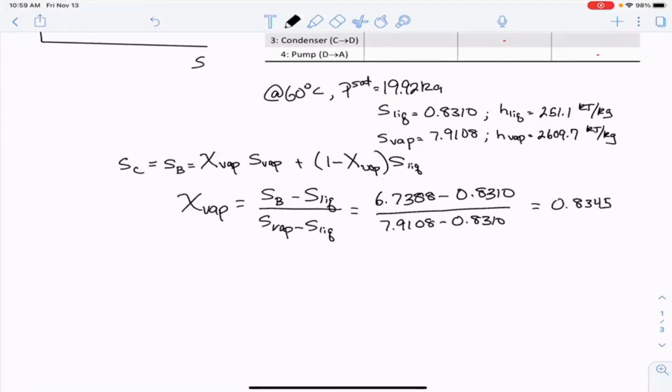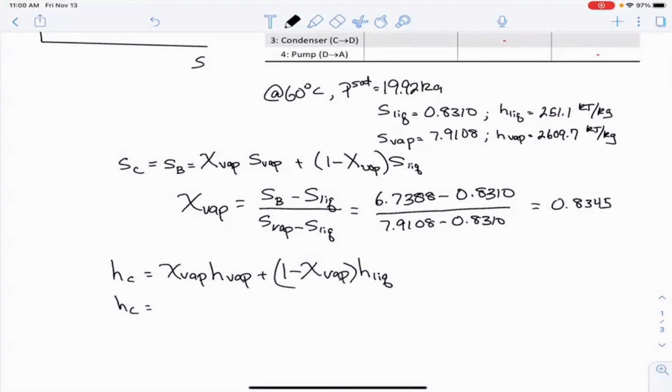So now we need to find the enthalpy at state C. And so that enthalpy value is then just equal to the fraction in the vapor phase times the enthalpy of the saturated vapor plus the fraction in the liquid phase times the enthalpy of the saturated liquid.